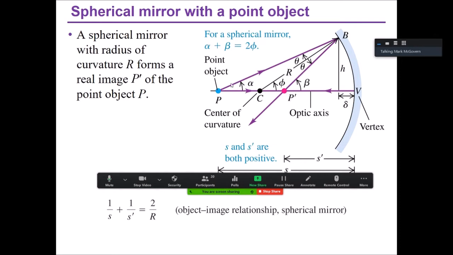In this particular example, we have a light ray. Actually, we chose two light rays. One comes up and hits that point B, reflects off, following the law of reflection, and goes through the optical axis at this location. We also choose a ray that comes right along the optical axis. Those two lines intersect there. That's where our image is located.